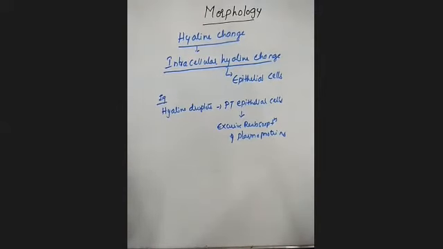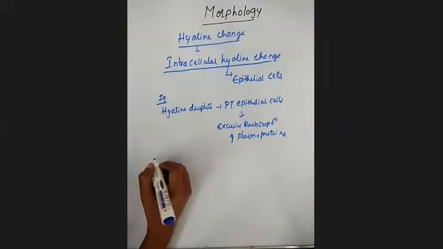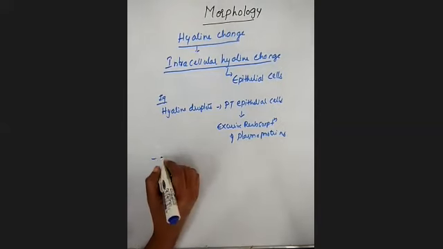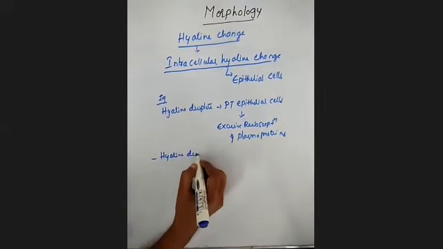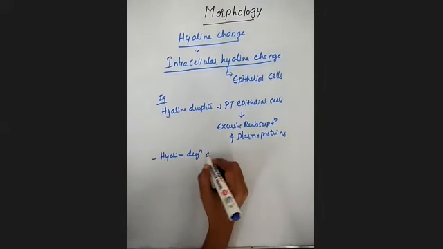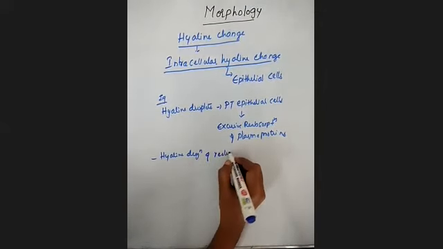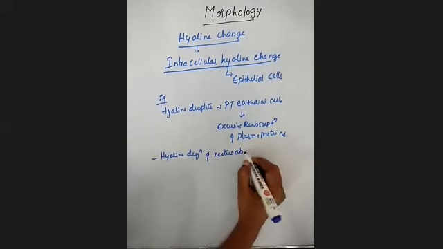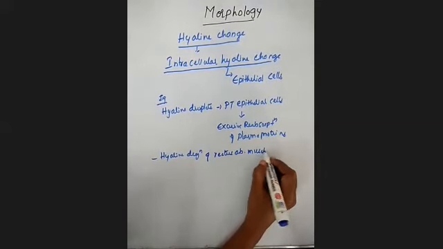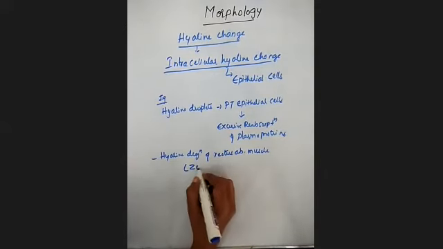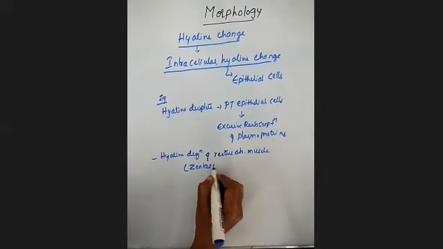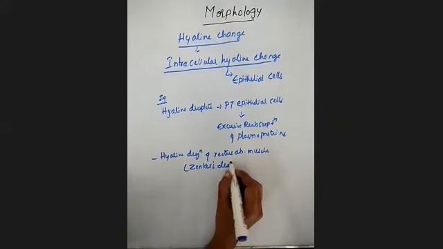Next one is hyaline degeneration of rectus abdominis muscle. This you will also call Zenker's degeneration.